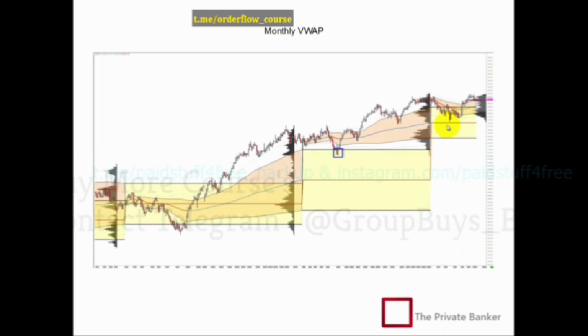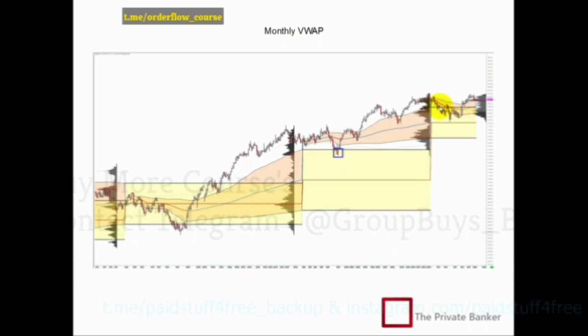And of course, this current month, we again have opened above our previous month's value, and paused at the top of that value.